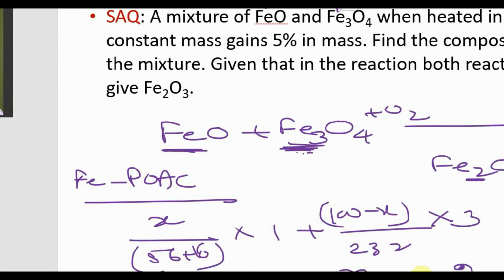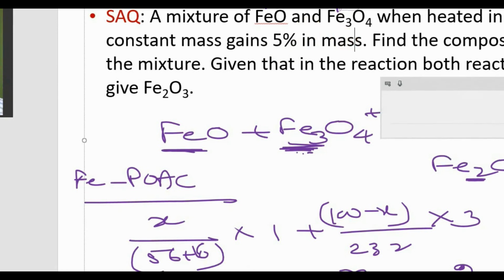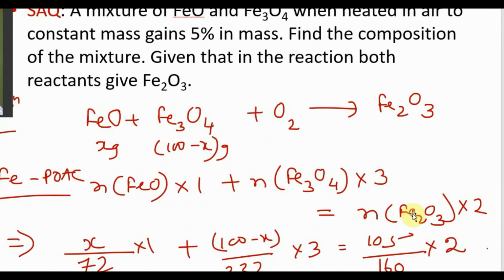Because the number of moles is the total mass, that is 105 now. All the reactants have disappeared, so it is 105 by the molecular mass of Fe2O3, which is 160, into 2. So we took the two cases as 100 because these two were 100, but now it is 105. It is a gain in mass.